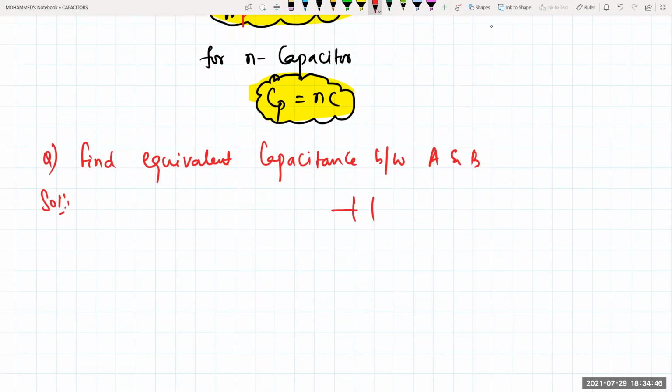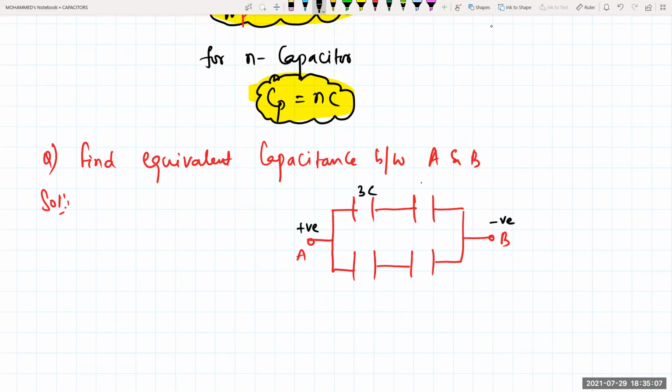One capacitor is here, one capacitor is here, down also one capacitor is here, one capacitor is here, and this is connected to terminal B and this is connected to terminal A. This should be positive and this should be your negative. Then capacity 3C, then capacity 6C, then capacity 9C, then capacity 18C.